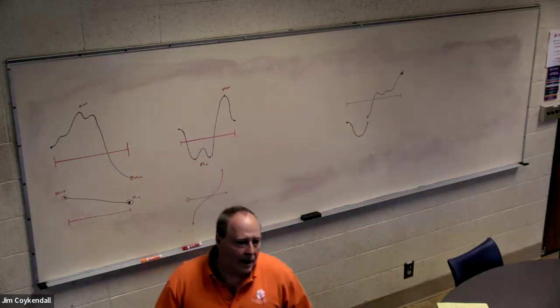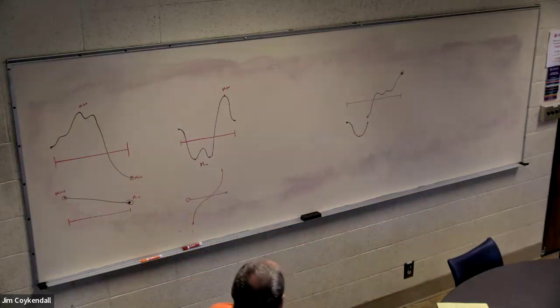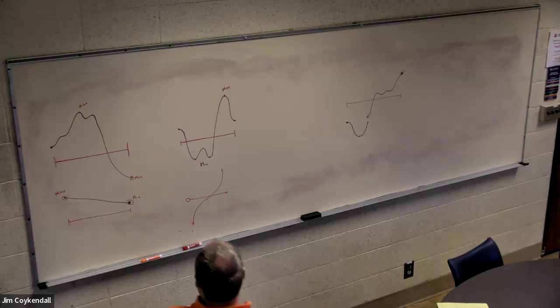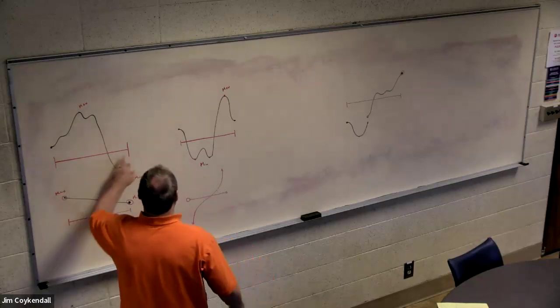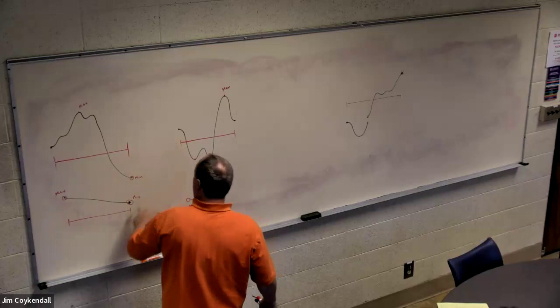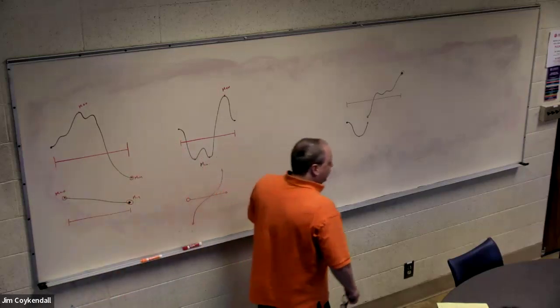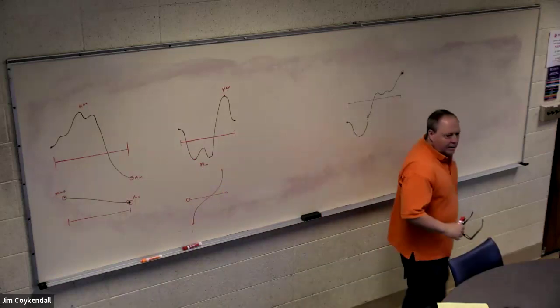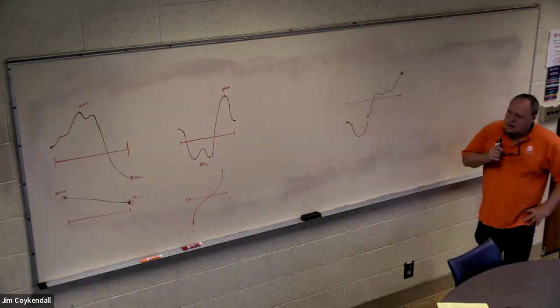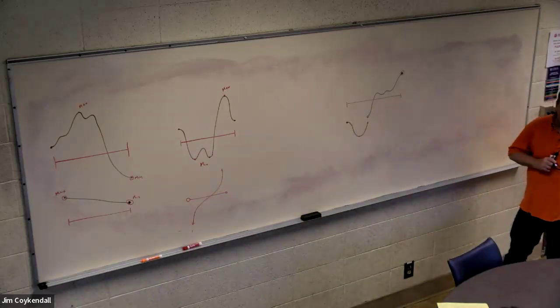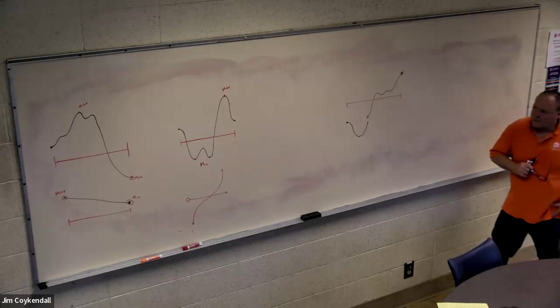Okay, I'm going to move on to something a little bit more helpful, but if you look at these three pictures, this continuous function on a closed interval, do you all see a pattern of where these extreme values are? Right, so look at these.